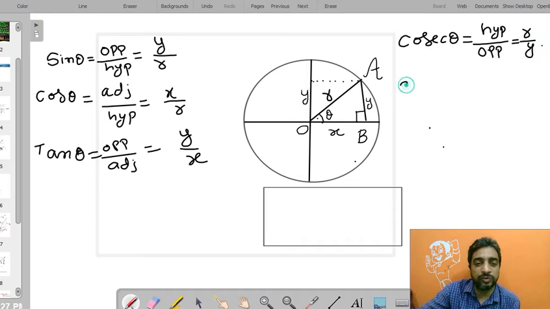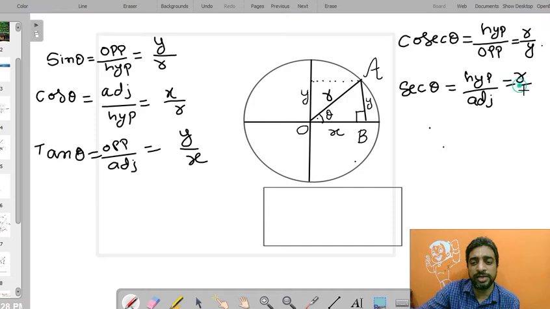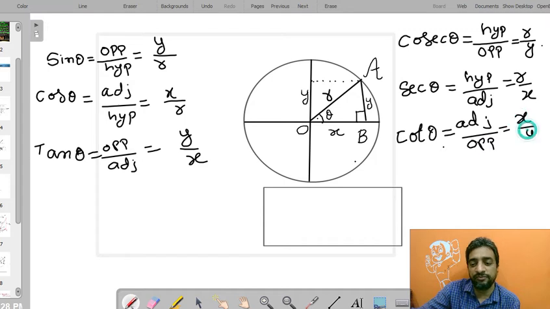Now coming to secant theta: cos is adjacent by hypotenuse, secant is hypotenuse by adjacent, that is equal to r by x. Now cot theta: tan is opposite by adjacent, but cot means adjacent by opposite. That is x by y.